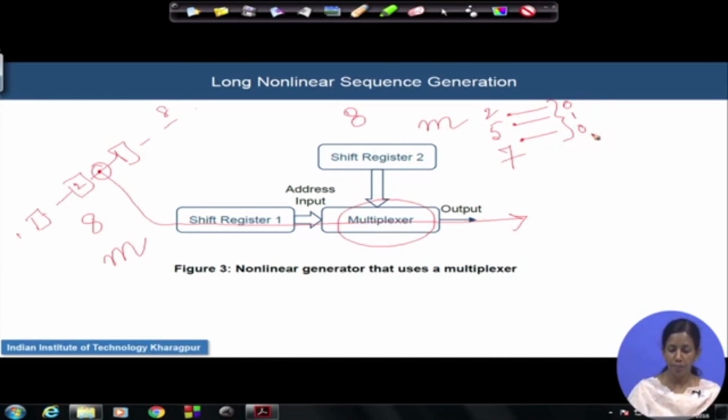Is it clear? Whenever you generate new values, based on that you pick up the values from different stage outputs, either stage number 2, stage number 1, stage number 3 or stage number 7. So, the generation of the address of the stage is done by the first shift register, and the actual output is taken from the second shift register architecture.